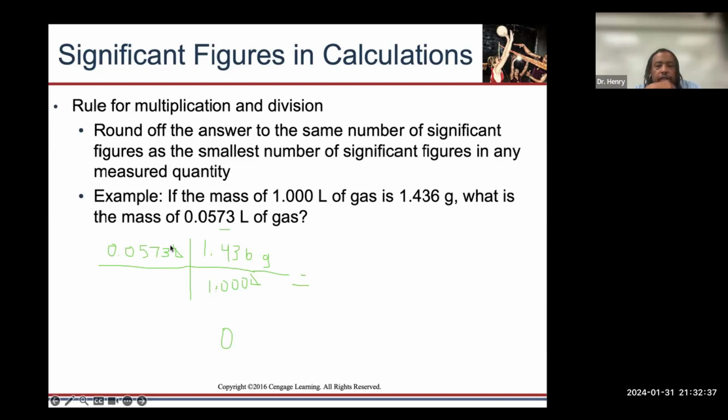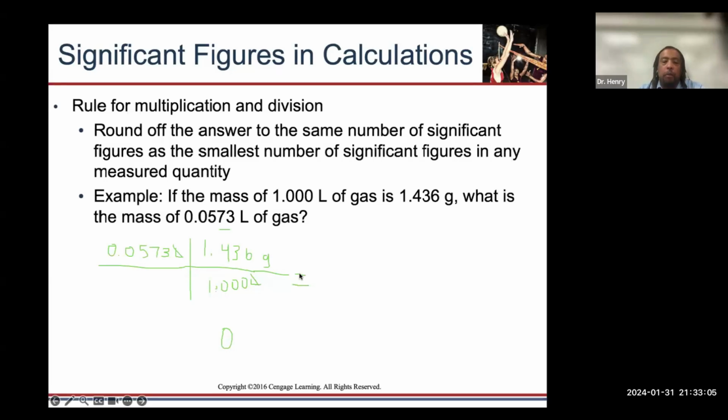Okay, so how many sig figs do we have? What is the lowest number of sig figs for our numbers here? That's right, 3. Okay, so our final answer should have 3 sig figs.